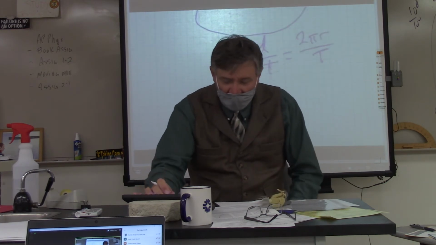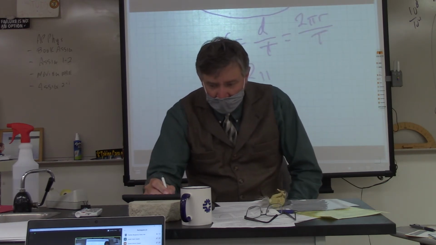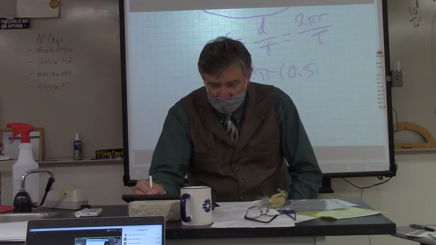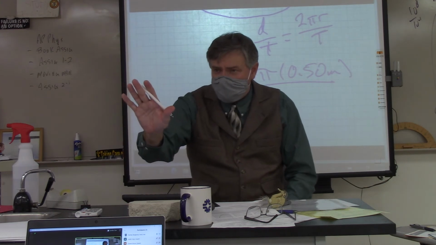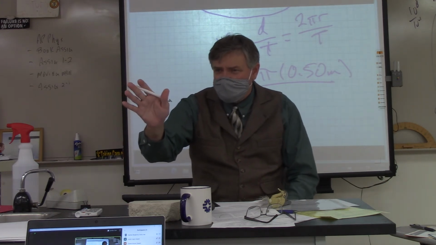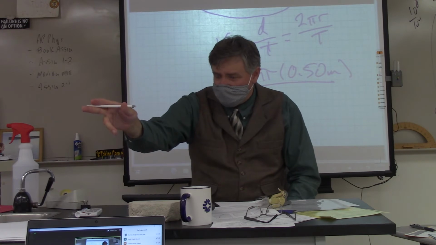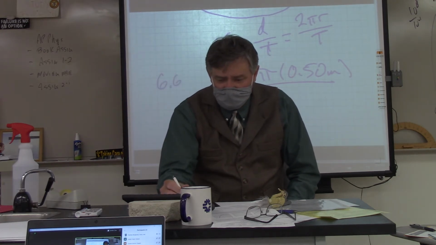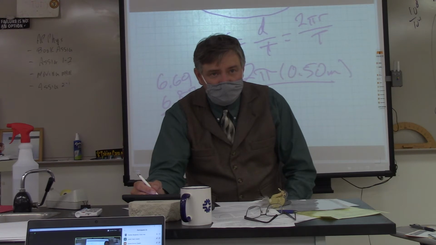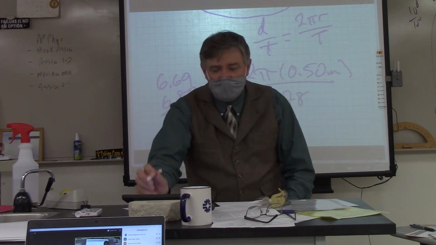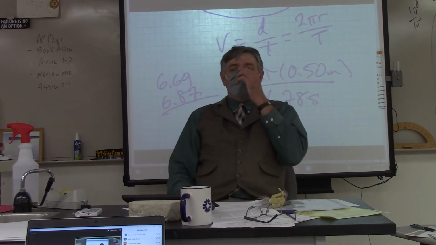So if I want to figure out how fast Al is going, I'll take 2 pi times a half a meter. And what was the time? That was for all 10, about 6.8. That's kind of the average: 6.69 and 6.87. Somebody take 6.69 and 6.87, add those two together and give me that average. 6.78 seconds.